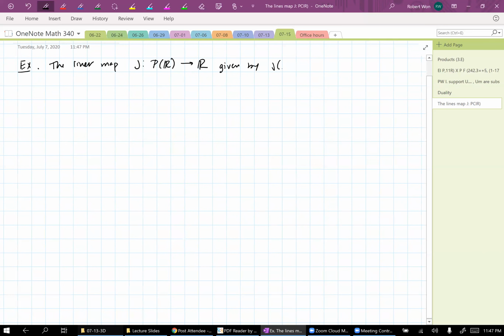What J does to a polynomial is it returns the definite integral of p from 0 to 1. I think we even discussed that this was a linear map between these two vector spaces. But since that second vector space is just the field, we can consider this a linear functional on P(R). So J is in the dual space to P(R).